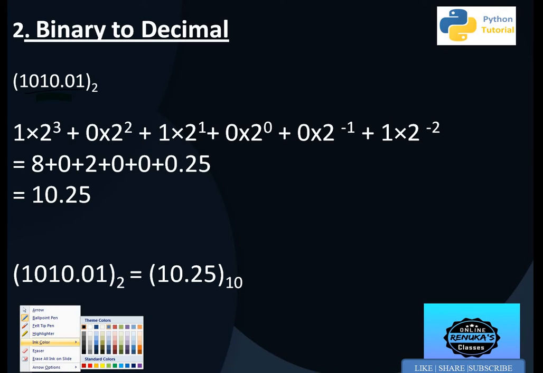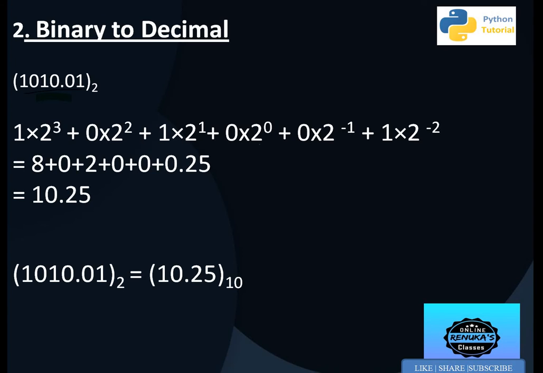These are the place values: 2 raised to power 0, 2 raised to power 1, 2 raised to power 2, 2 raised to power 3, and we multiply the respective place values with the digits, starting from the right hand side.